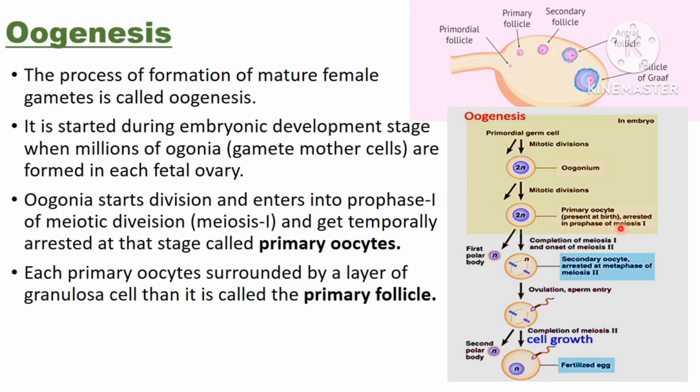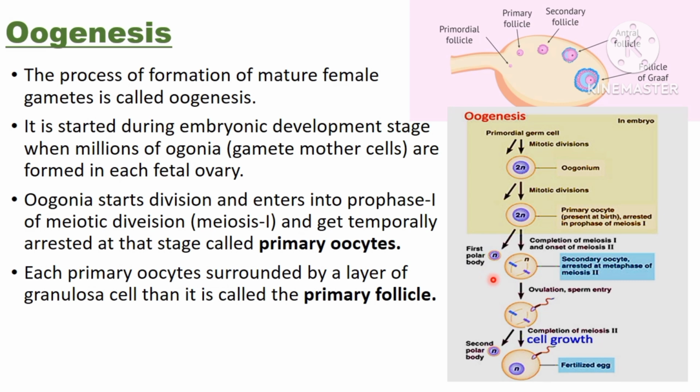Then at puberty, one primary oocyte completes meiosis 1, and the primary oocyte after puberty completes meiosis 1 and produces a large secondary oocyte and one first polar body.